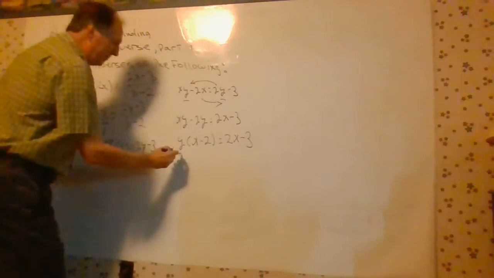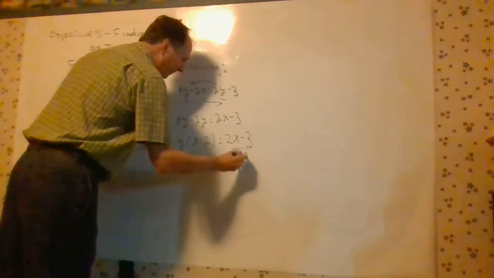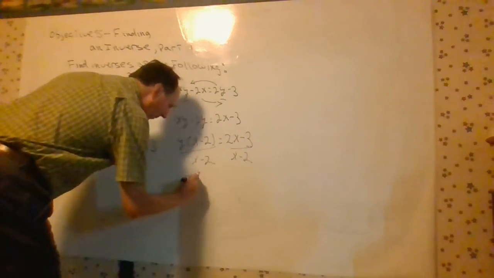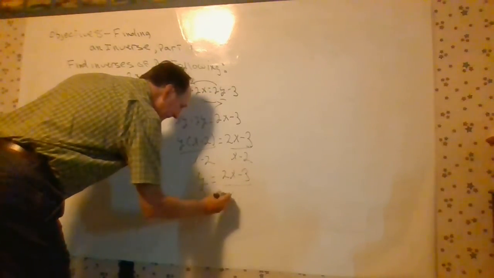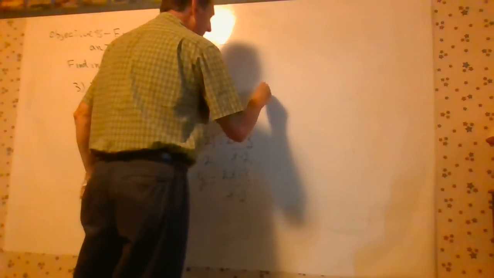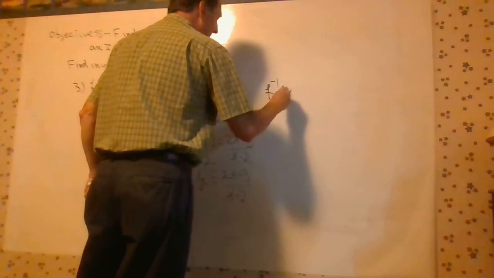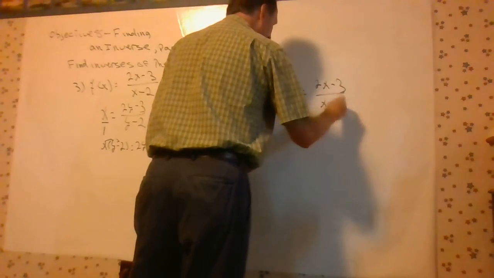And now we can divide by x minus 2, and we get y equals 2x minus 3 over x minus 2. And that should look familiar. It's the original function. So we can say f negative 1 of x is equal to 2x minus 3 over x minus 2.